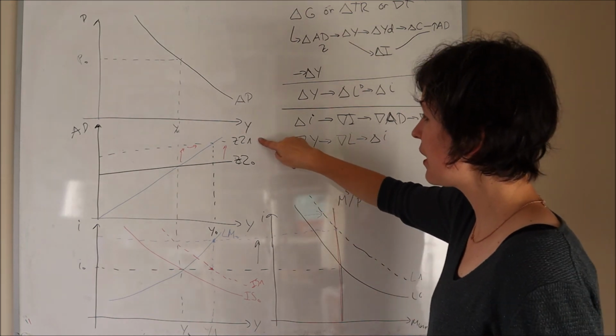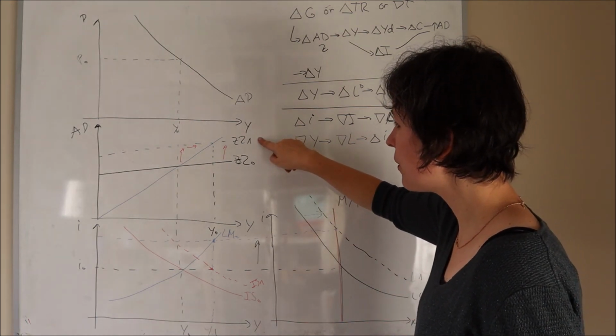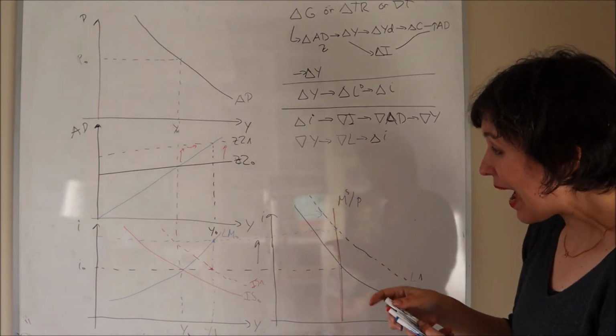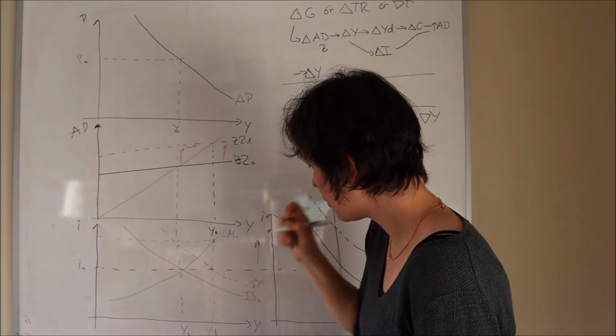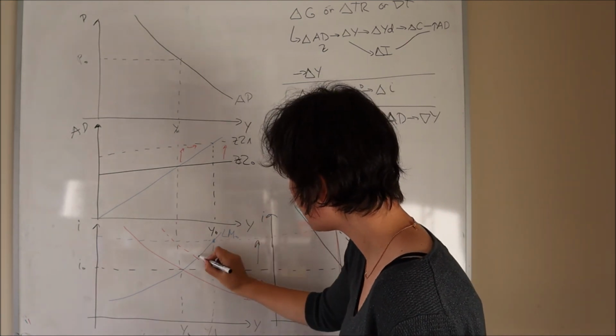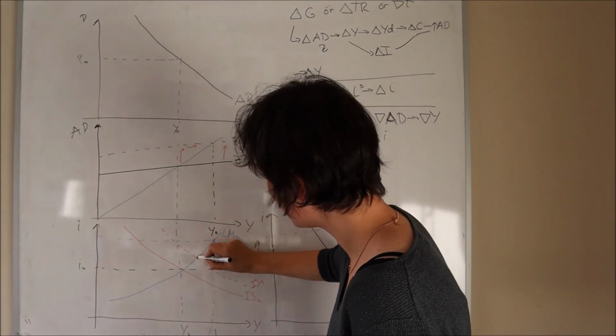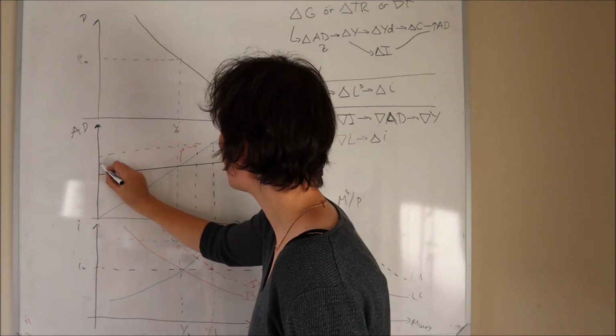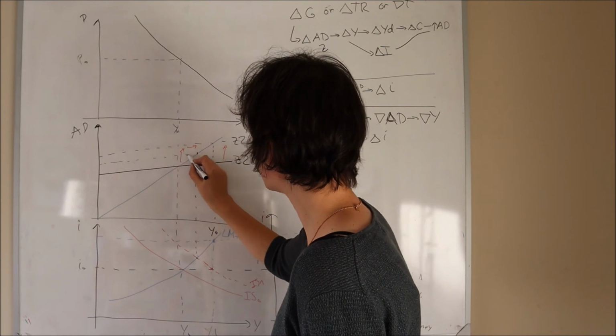So instead of being here, you are going to be at a point between the initial one and this second one. I know that the new equilibrium level of production is going to be in this new intersection. So I can use this to make the graph of the new aggregate demand of the good.